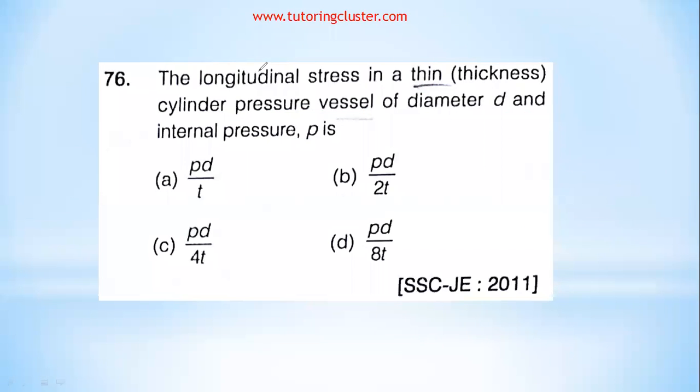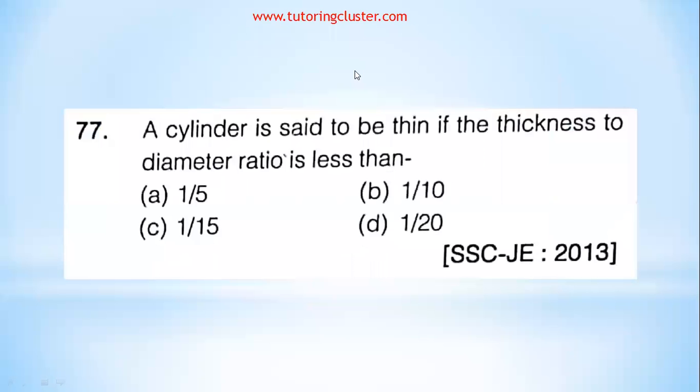Next, let us see 77. Cylinder is said to be thin if thickness to diameter ratio is less than. If thickness to diameter is less than 1 by 20, then the cylinder is said to be a thin cylinder.